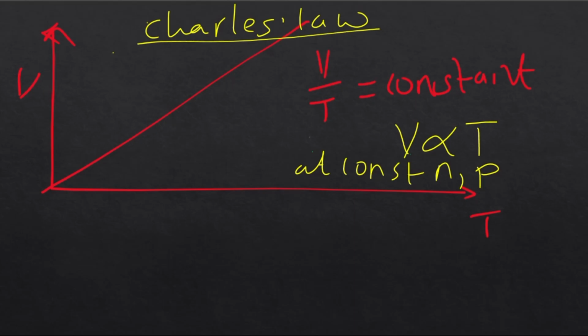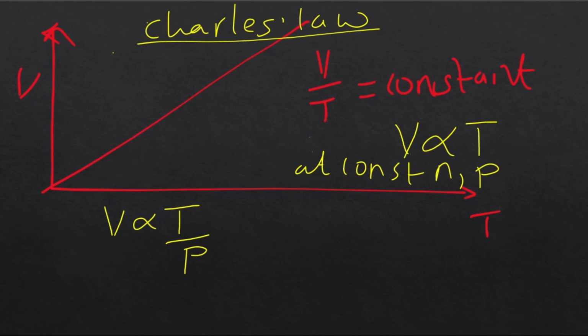Let's play the same game as before with this one, synthesizing the ideal gas equation from the law, in this case Charles's law. So V is directly proportional to temperature, and the other constant is n.